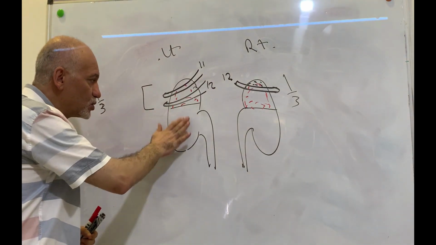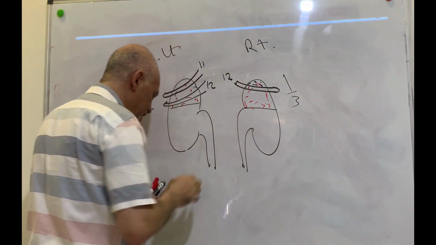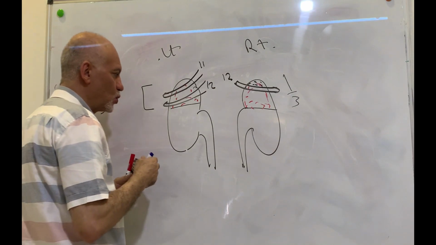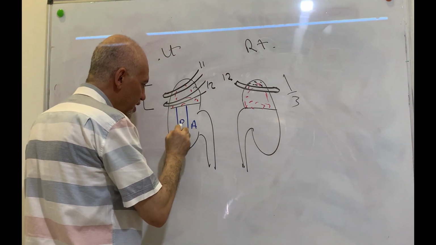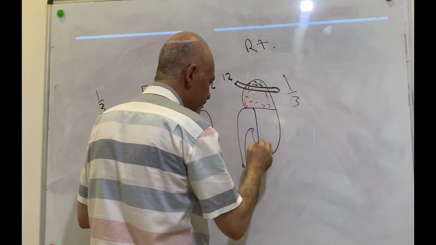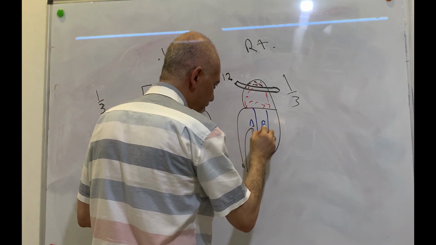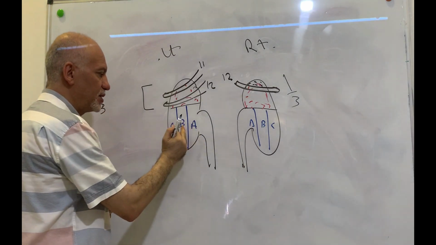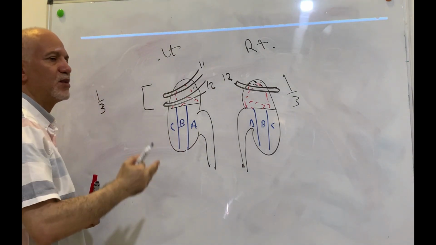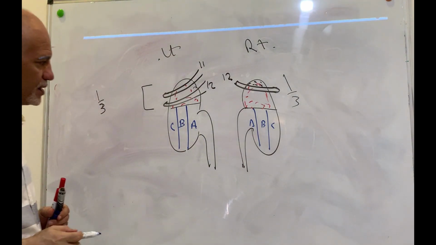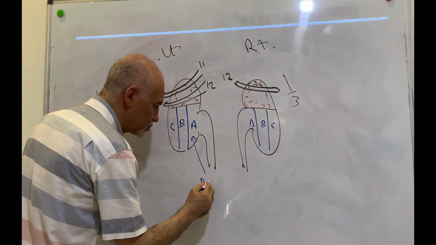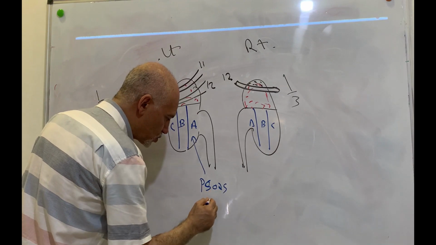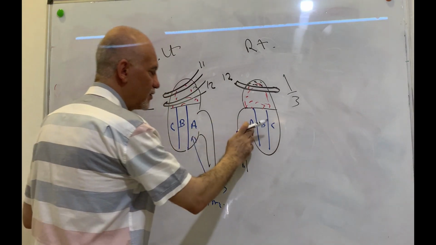The posterior lower two thirds of the right and left kidney, the same, we can divide into three parts: A, B, C, medial, intermediate, and lateral. Three muscles. The medial muscle is called psoas major, right and left.